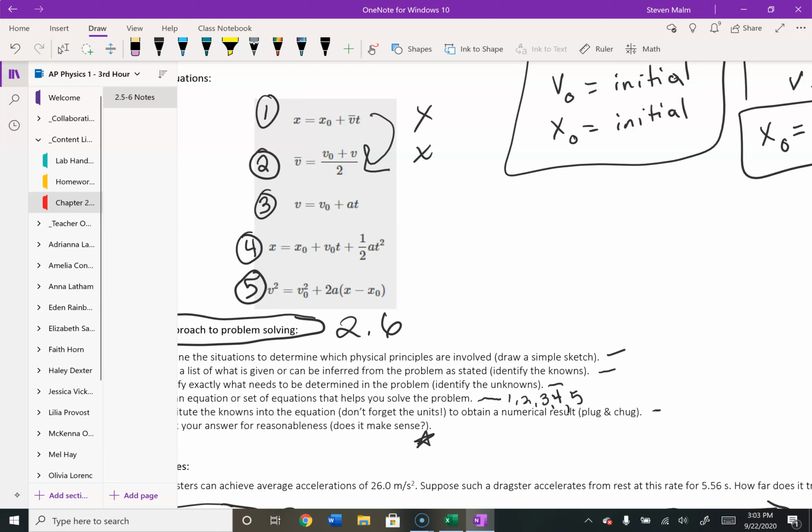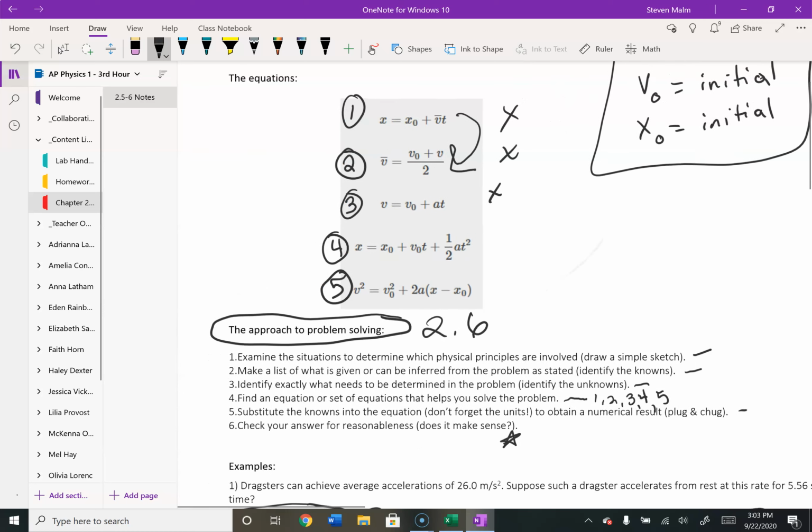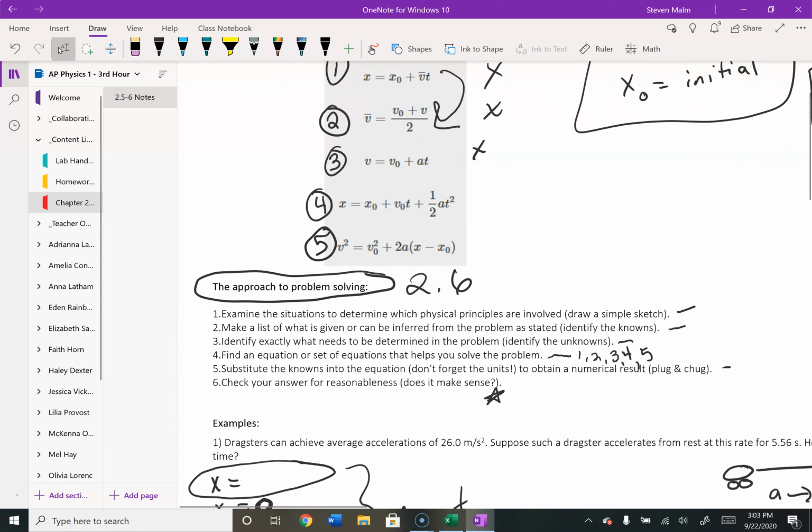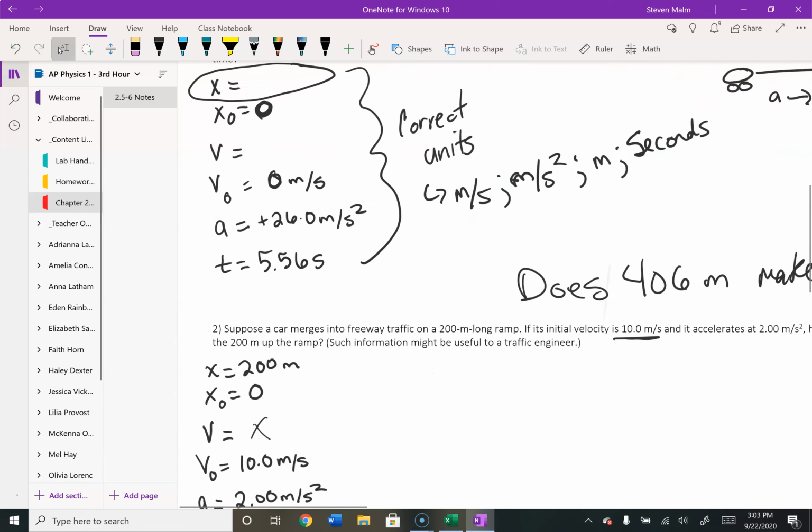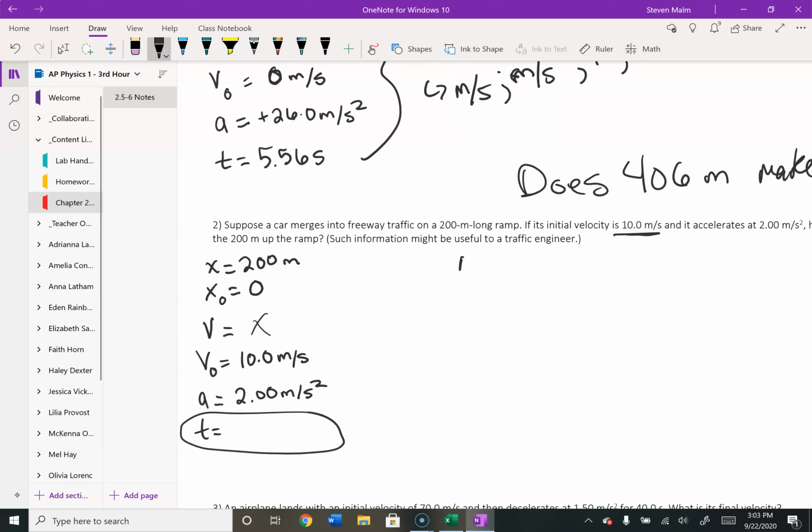Number 3 uses final velocity, so we're also going to cross that out. Number 4 looks like a good candidate because it has initial velocity, which we were given. It has a time variable that we can solve for, and it has acceleration, x and x naught. Number 5, unfortunately, we're not going to be able to use because we don't know our final velocity. So we're going to head down and start with equation 4.